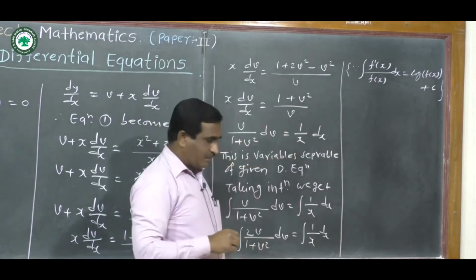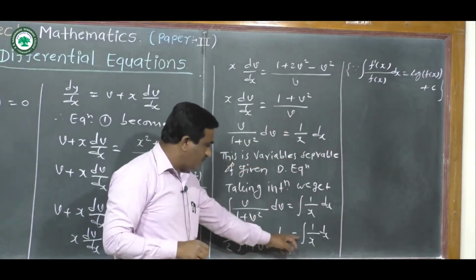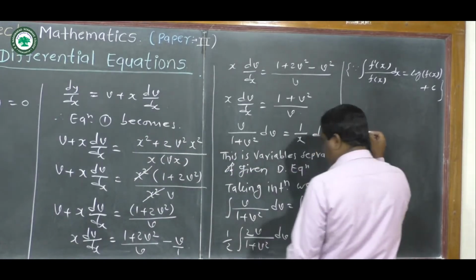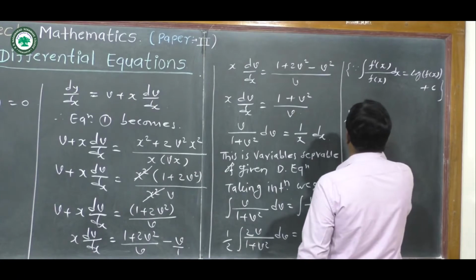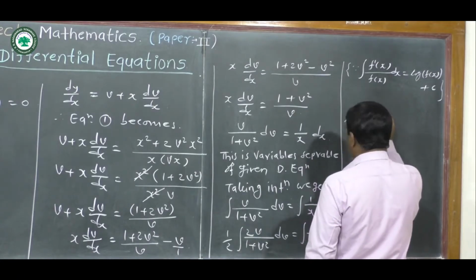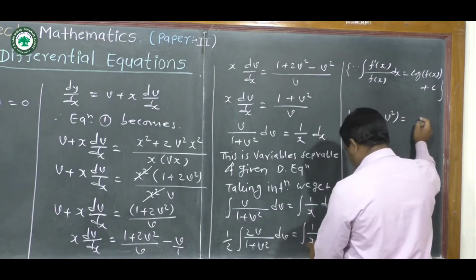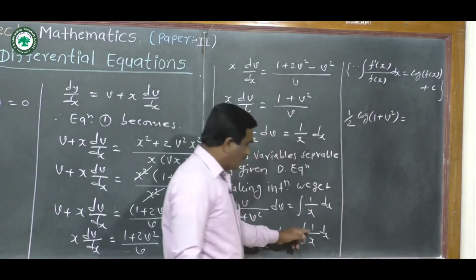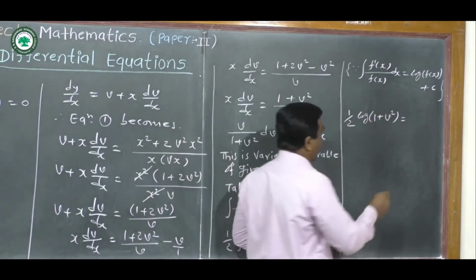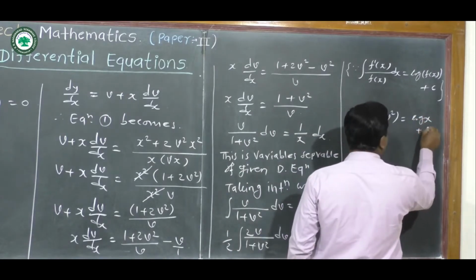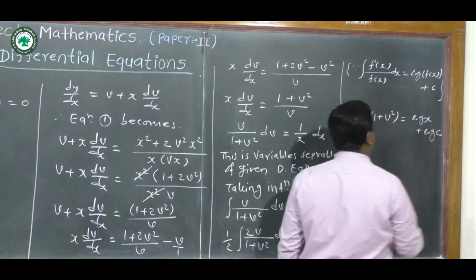Using this result, we can find the integration of these two integrals. Therefore, we can write here 1 upon 2 into integral of this, log of 1 plus v square, equal to integration of 1 upon x is log x plus constant of integration log c.